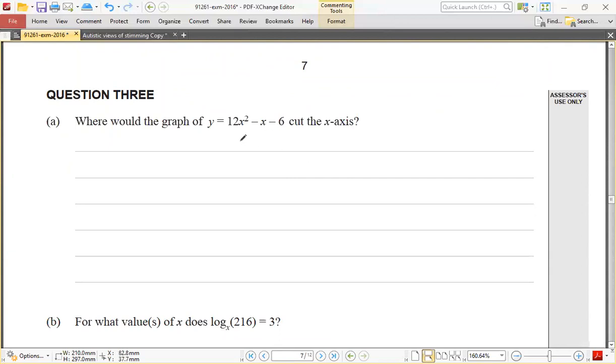Because remember, these ones you just stick in your calculator. So you just press 12 minus 1 and minus 6, equals.